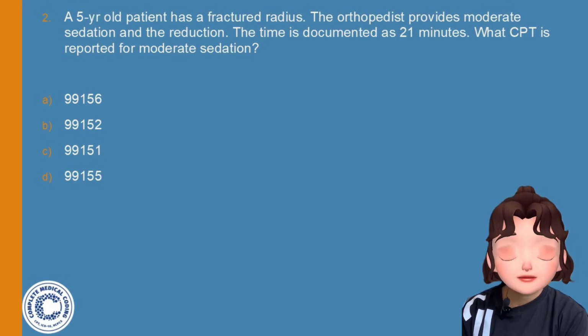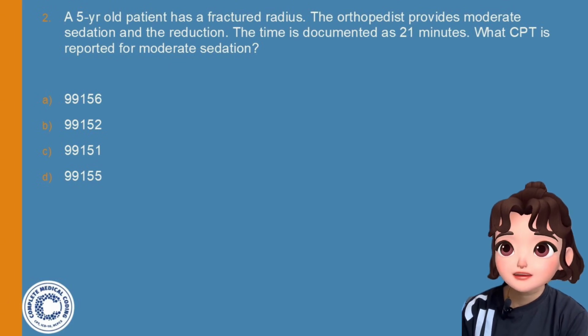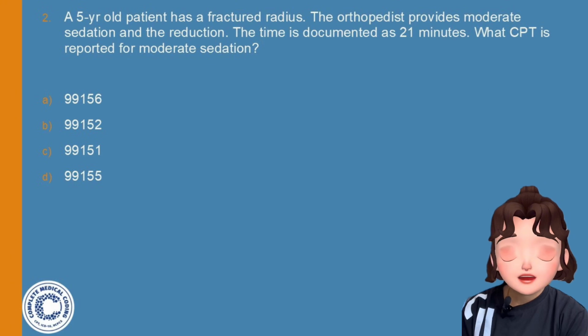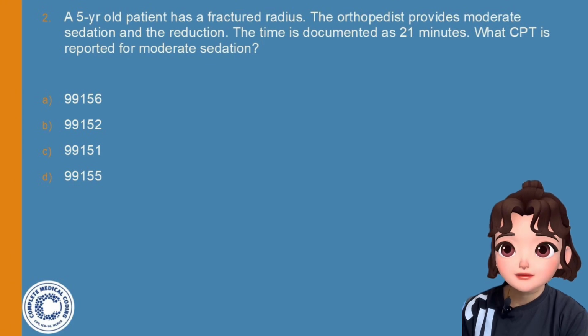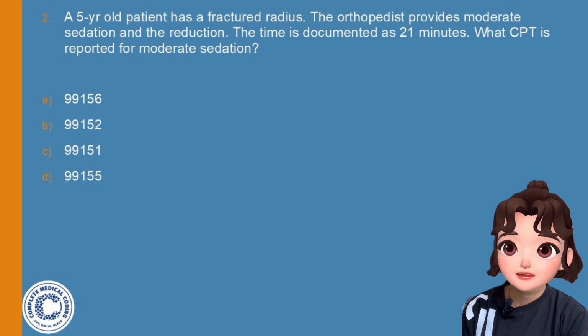What is 99152? Same description with initial 15 minutes of intra-service time, patient age 5 years or older. In 99151, patient younger than 5 years. So that is not the answer. 99152, 5 years or older. This is a 5-year-old patient, but the description is incorrect, so that is not the correct one.